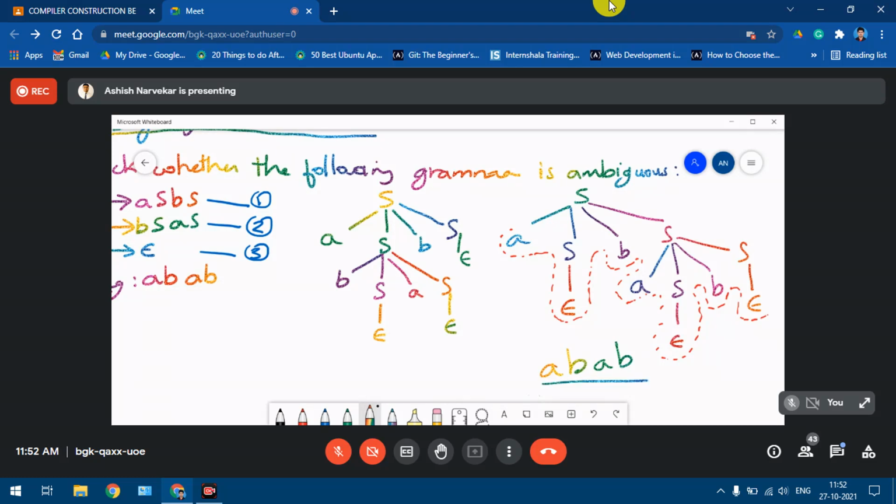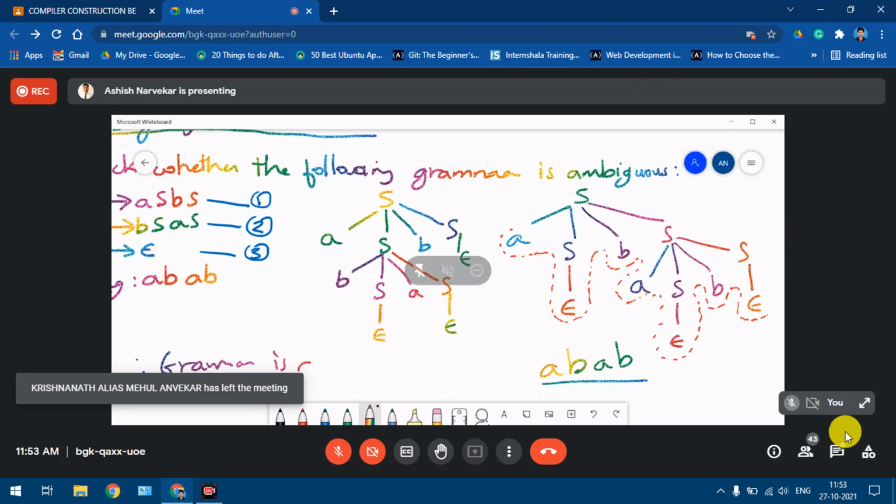Now since we have got two different parse trees, if you look at the two parse trees, structurally they are different for the leftmost derivation. So that means the grammar is ambiguous.